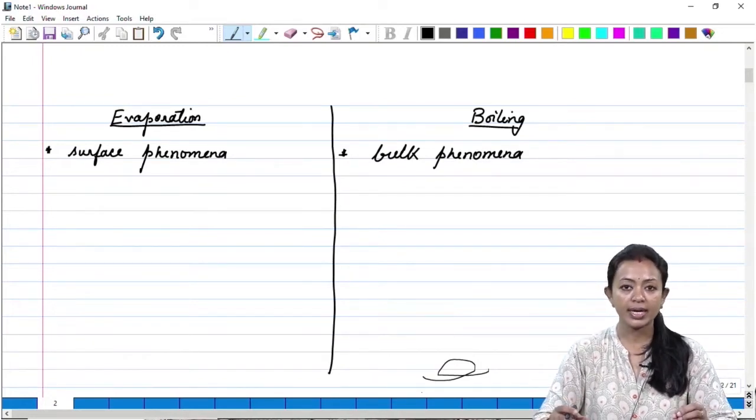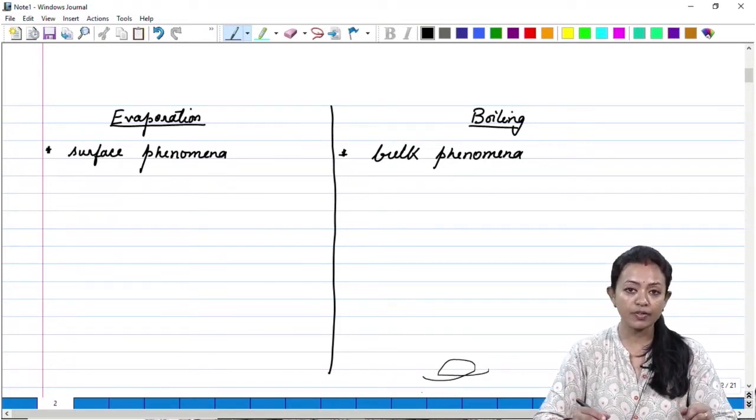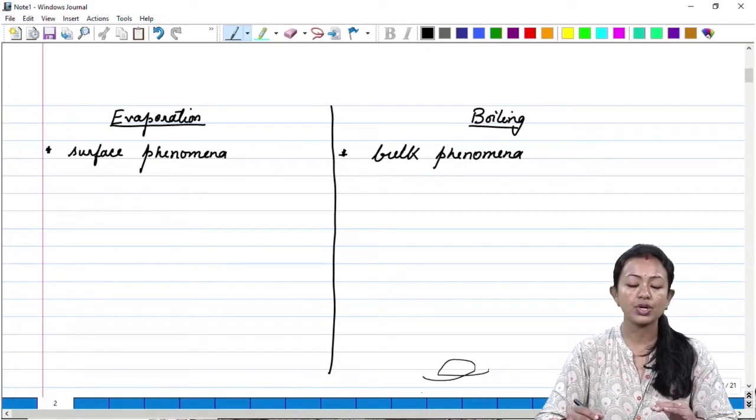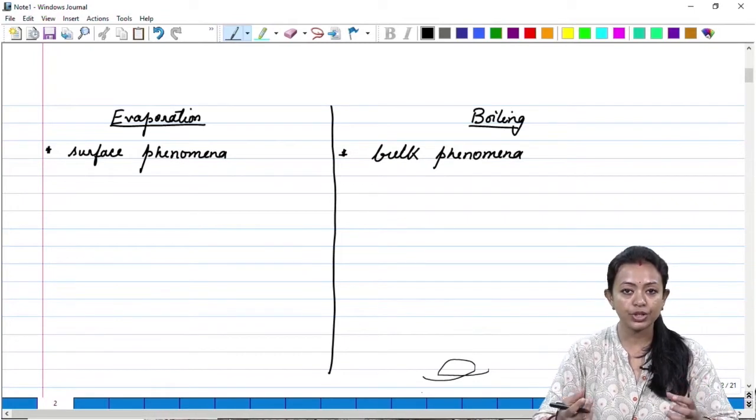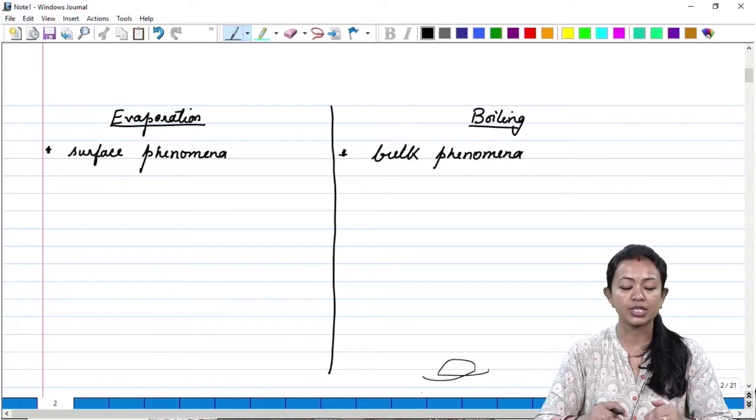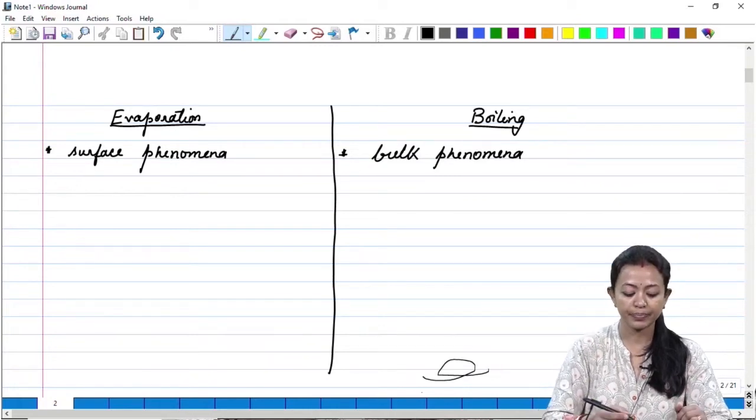So that's why, because it happens throughout the system, throughout all the particles, we term it as bulk phenomena. But in case of evaporation, it just happens with the topmost layer. It is only the topmost layer particles that absorb the energy from the surrounding and convert themselves from the liquid state to the vapor state.